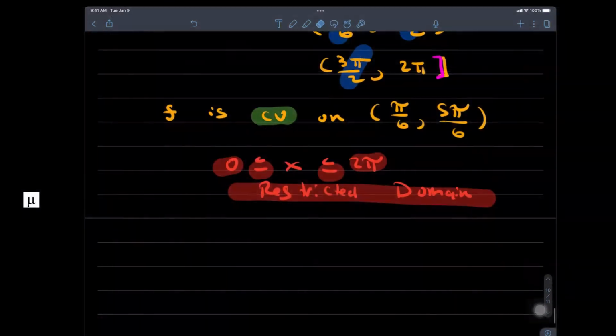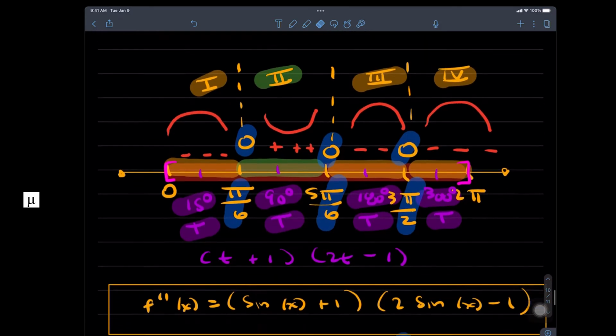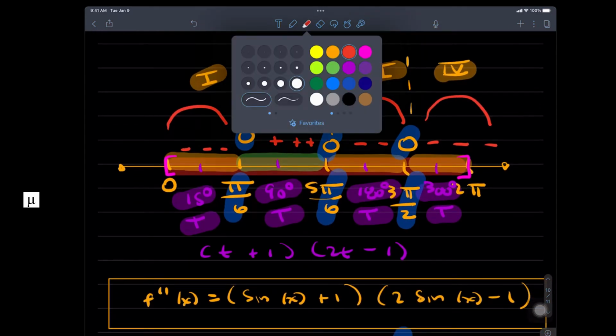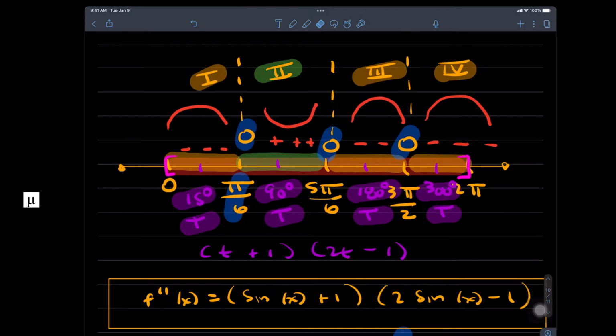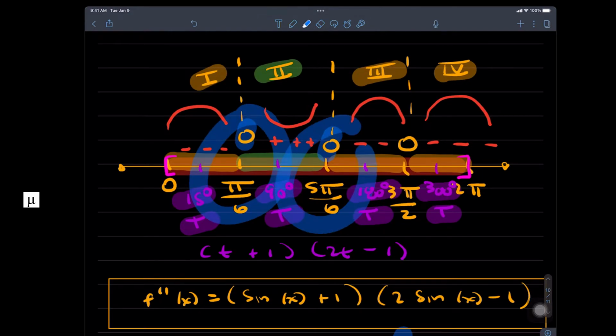Let's go back here. Any inflection points when you guys look at this? Where are the inflection points? I think I see it here and here. Is that right? Because those are the points where you change concavity.